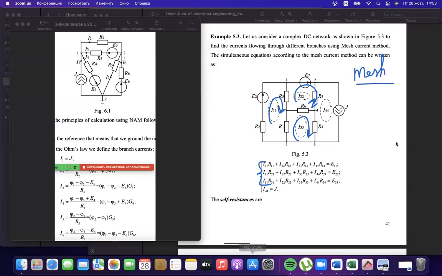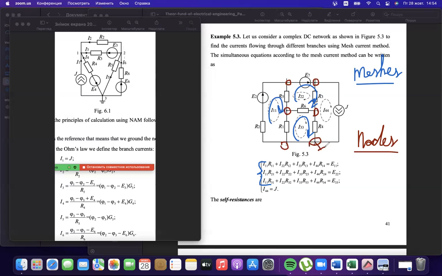If we want to use the nodes method, we have 1, 2, 3, 4, 5, 6 nodes.